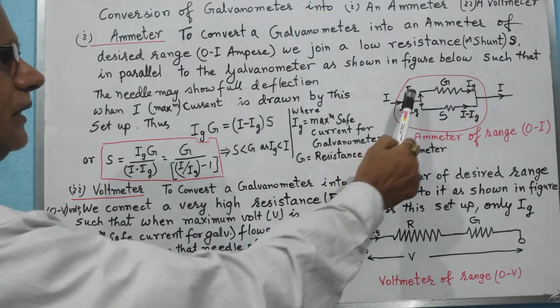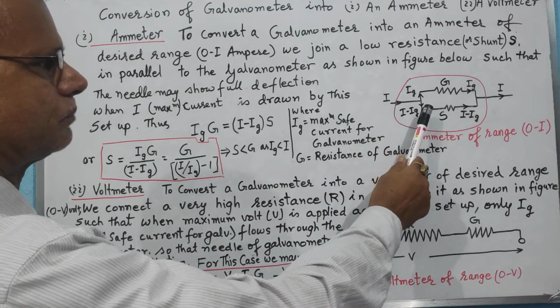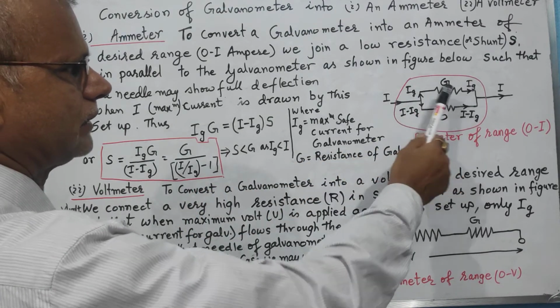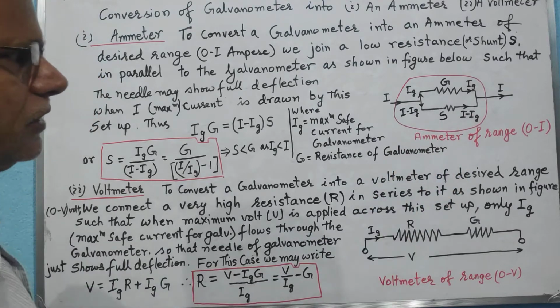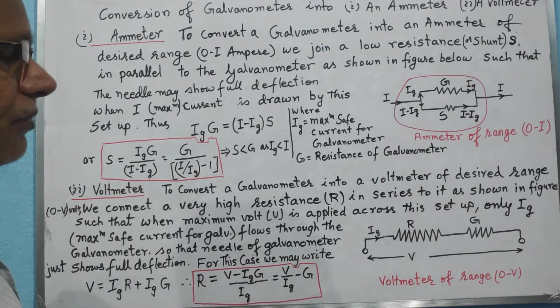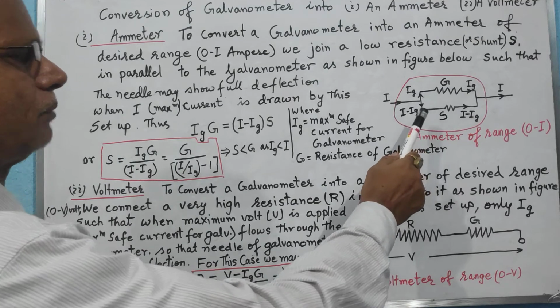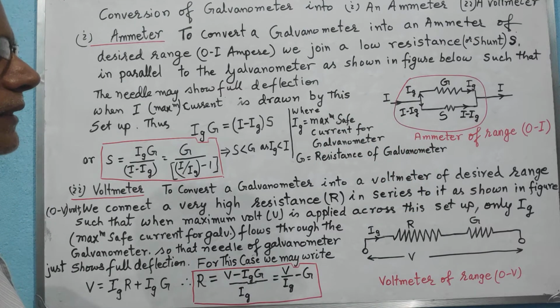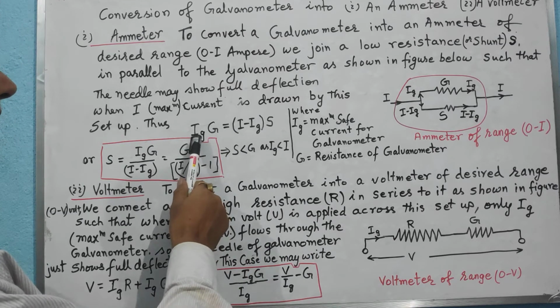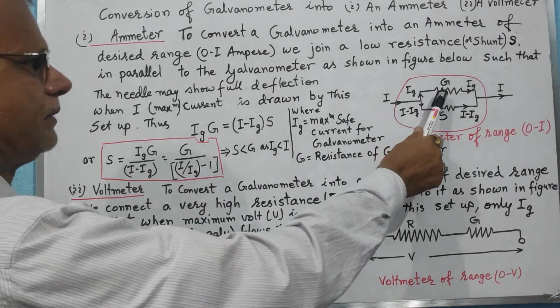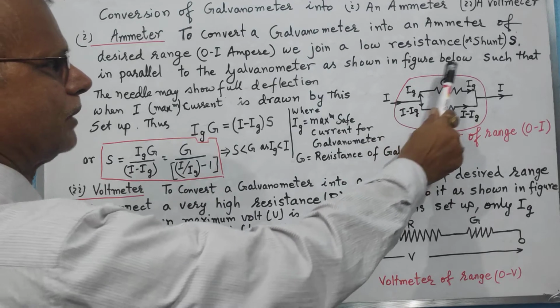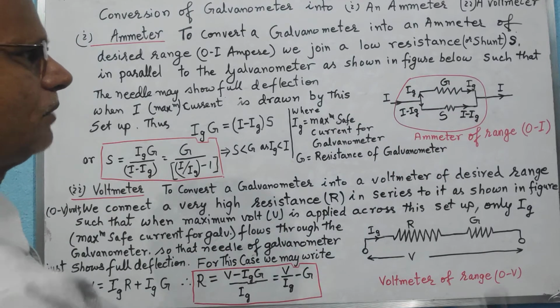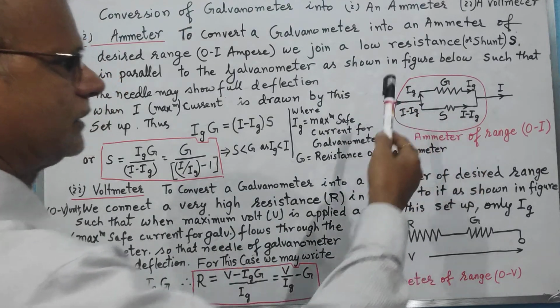You see from the diagram, the potential drop across the galvanometer must be equal to the potential drop across the shunt S, and potential drop, you know, is V equals IR. Therefore we can write: Ig into G, the potential drop across the galvanometer, must be equal to the potential drop across the shunt.